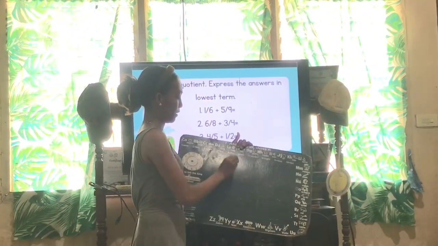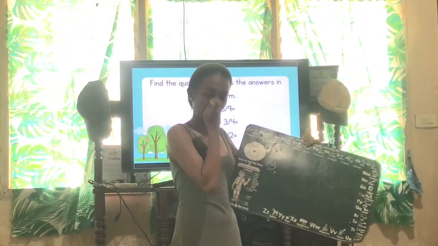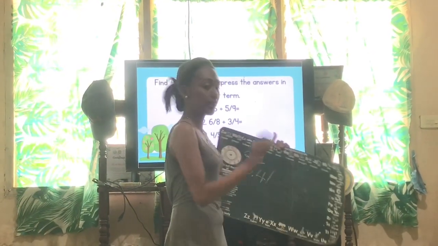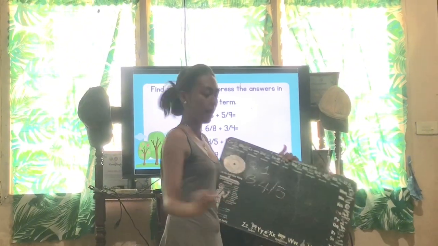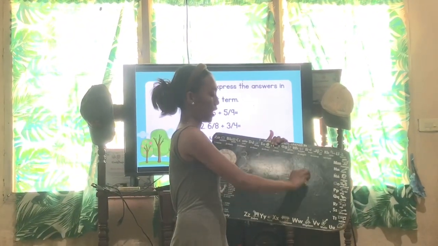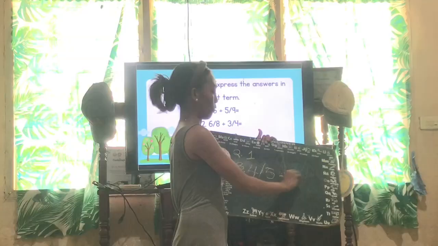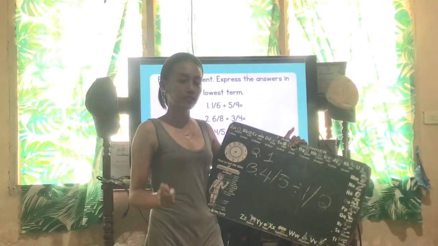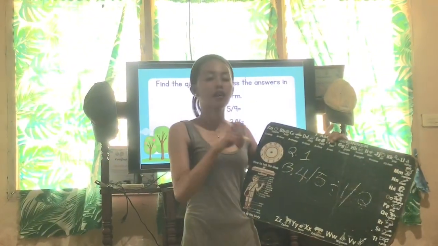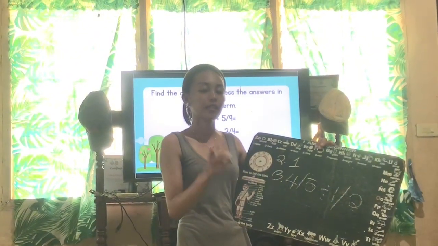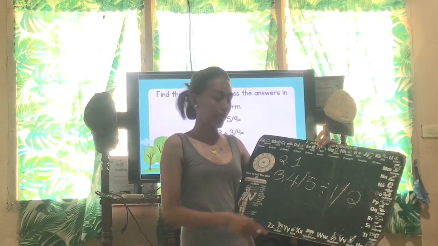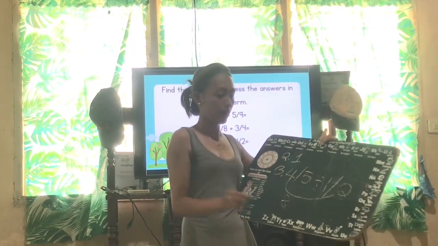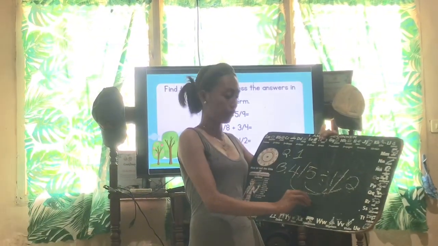Next is number 3. So our numerator is 4 and our denominator is 5, divided into numerator 1 and denominator 2. So 4 times 2 is equal to 8. 5 times 1 is equal to 5.